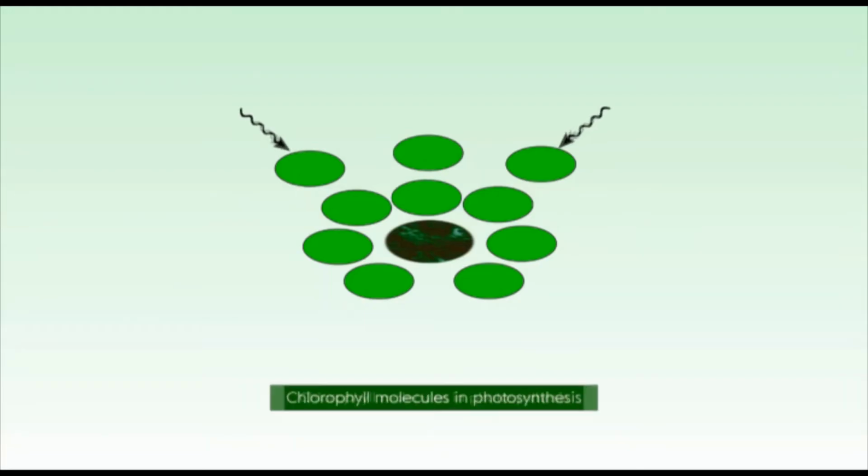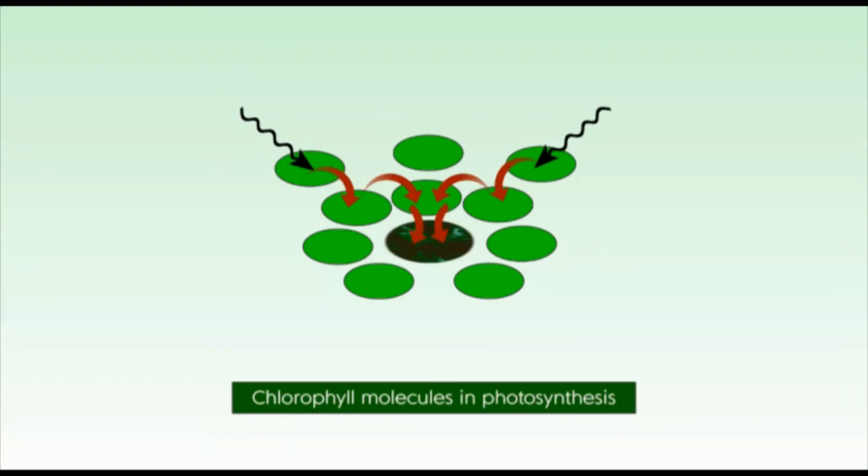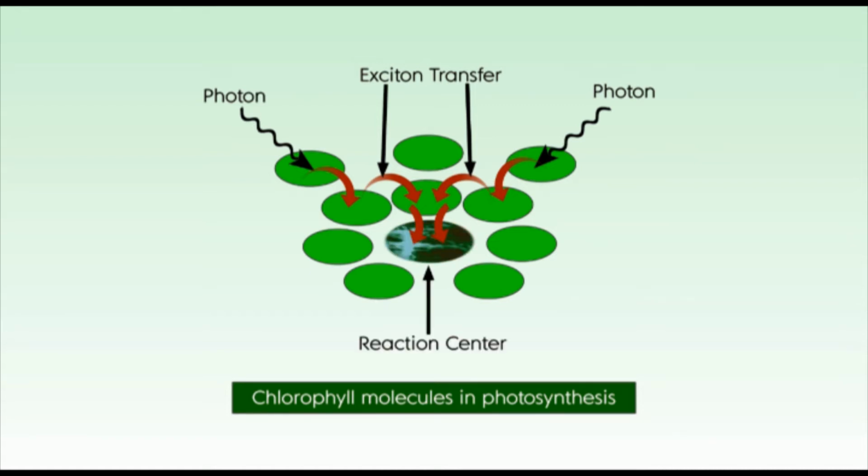The excited molecule decays to the stable ground state, giving up the absorbed quantum as light or heat, or using it to do chemical work. In photosynthesis, there is a direct transfer of excitation energy from an excited molecule to a neighboring molecule. Just as a photon is a quantum of light energy, so the exciton is a quantum of energy passed from an excited molecule to another molecule in a process called exciton transfer.